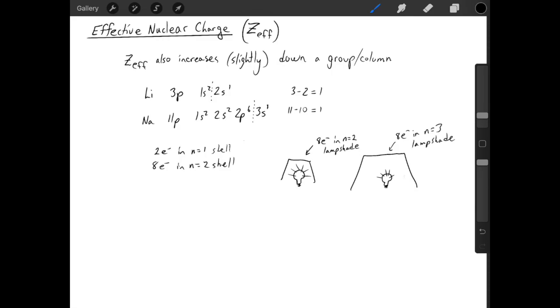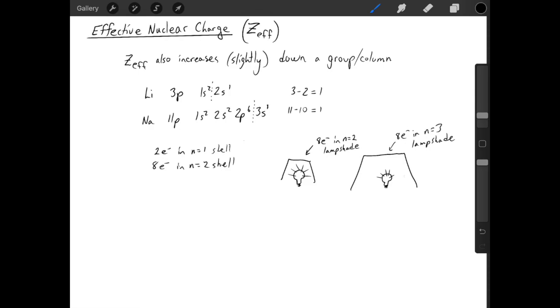If you look at the horrible drawing I've made of light bulbs covered by lampshades, you can see in the diagram on the left, if you put 8 electrons into a full s and p shell, like in an n equals 2 shell, you have a certain amount of electron density.